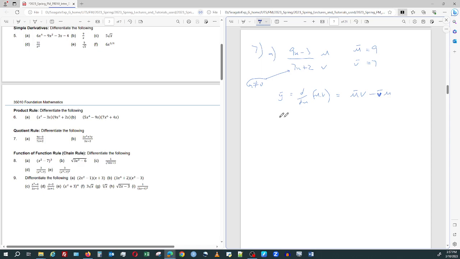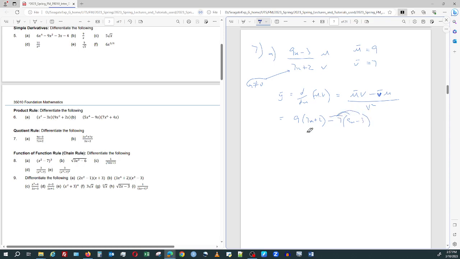So we can put that together now. 9 times, oh, forget that, v squared. 9 times 7x plus 2. 7 times 9x.